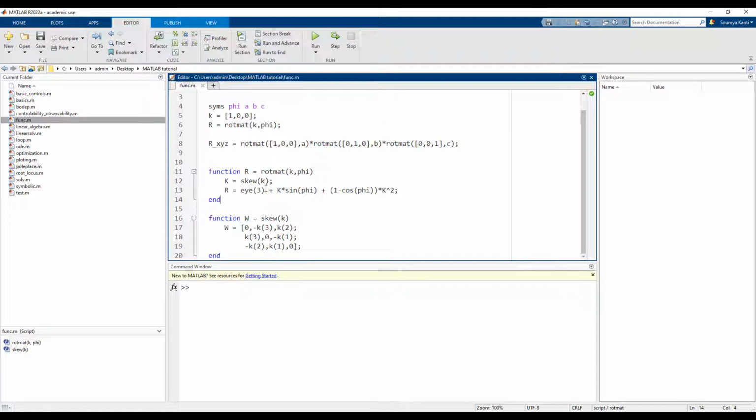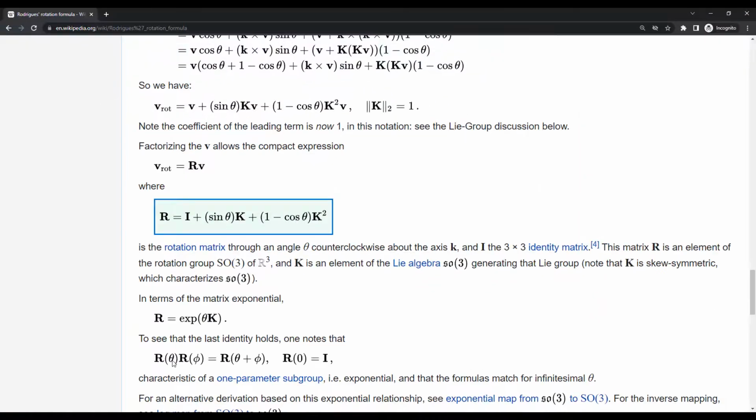So here what I'll be using is the matrix form of the Rodrigues rotation formula. It looks something like this. The rotation matrix R is equal to identity plus sine of theta times K, I'll come back to what K is, plus 1 minus cos theta times K squared.